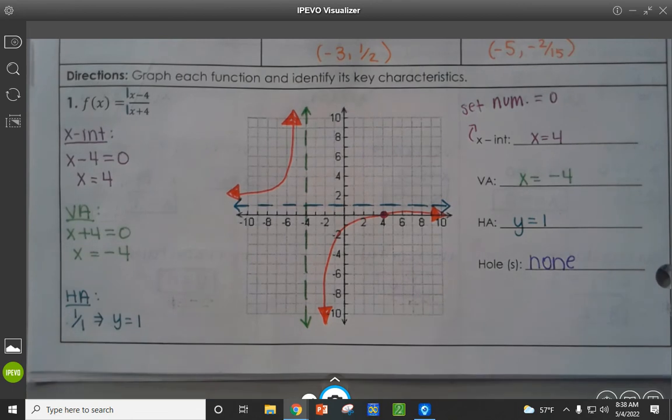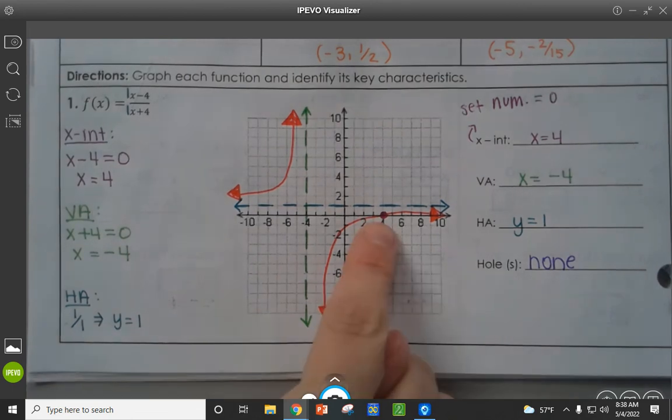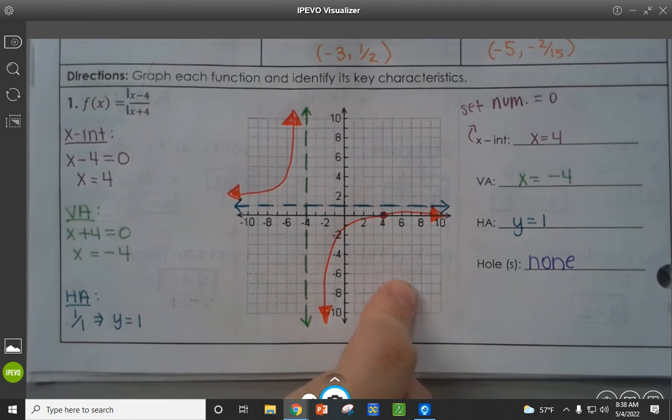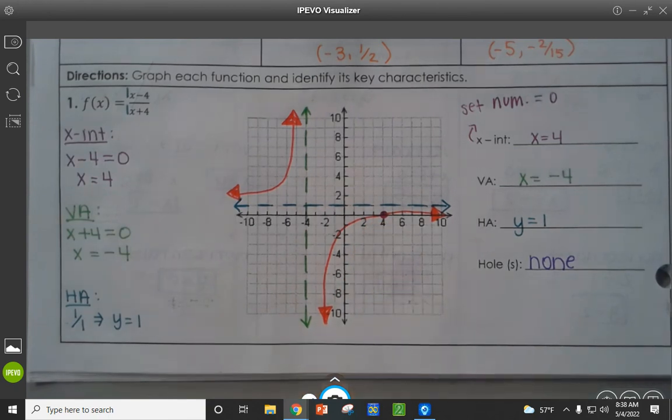Basically, if you have an X-intercept, I want you to show it going through that. If there is a hole, we'll show it going through that hole. And we're not going to do all of these.